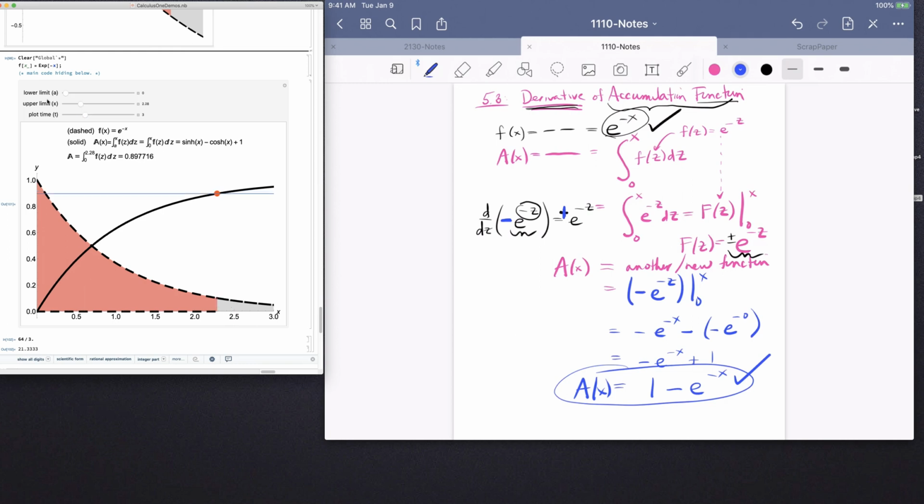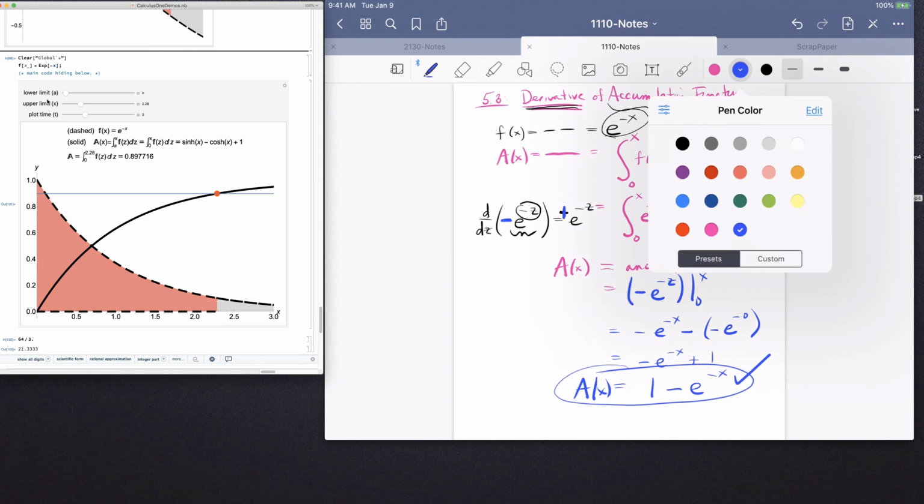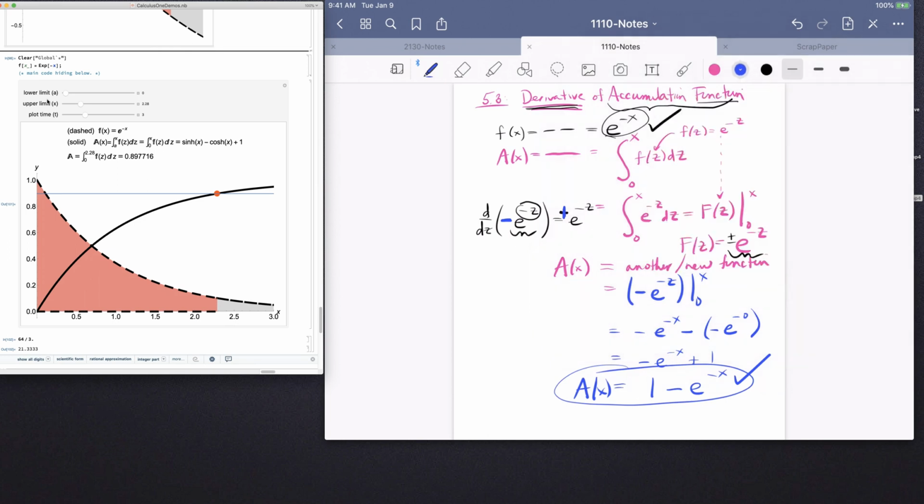Okay. And if we take a look at this problem, look at the area function, which is the solid line there, we can look at what happens as x goes to infinity of this area function. And because of the e to the negative x in this problem, e to the negative x goes to 0 as x goes to infinity.